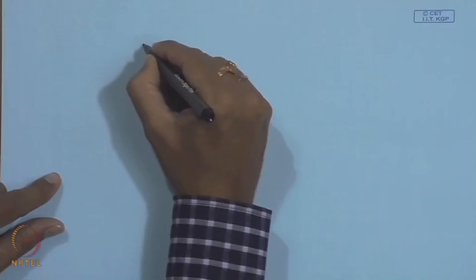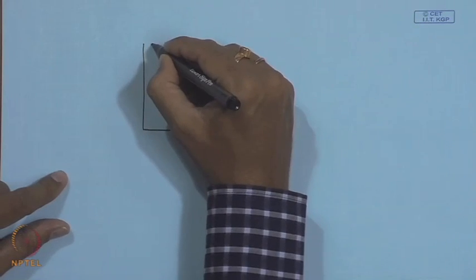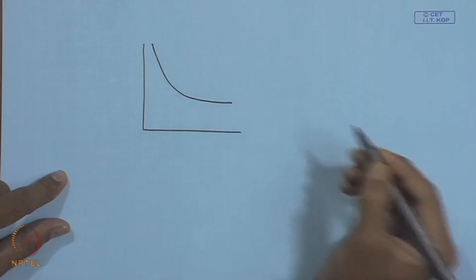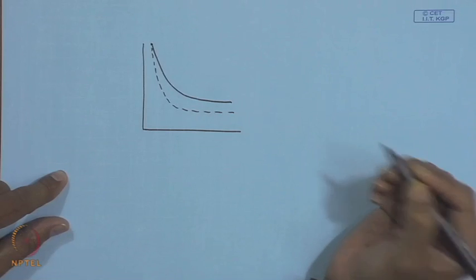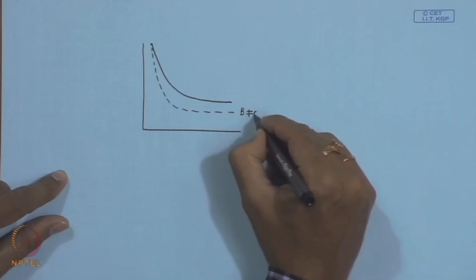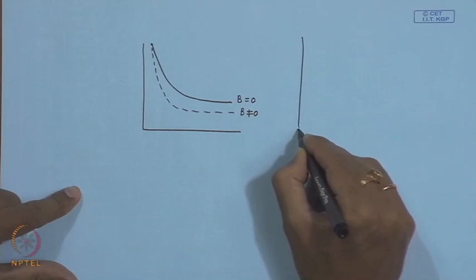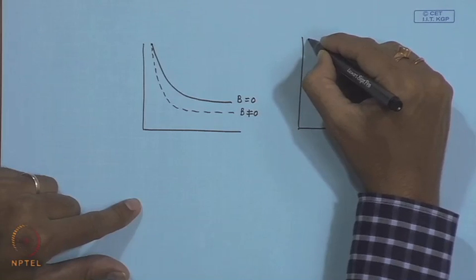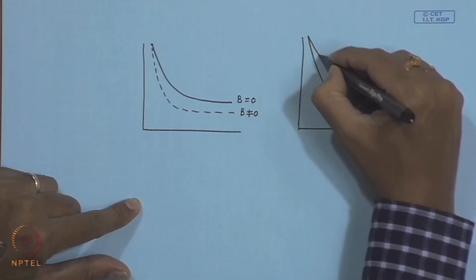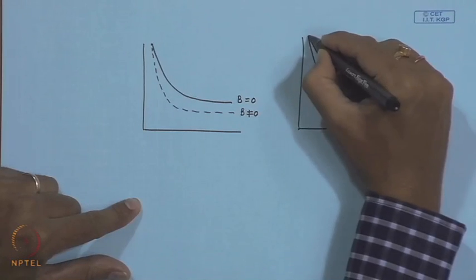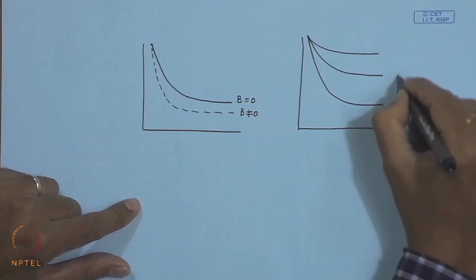So for a singlet born radical pair, in the absence of an external magnetic field, if your profile is like this, you can expect it like this in the presence of B not equal to 0. For your triplet born pair, if it is like this, maybe you can expect this, and with increasing magnetic field it will be like this, B increasing.